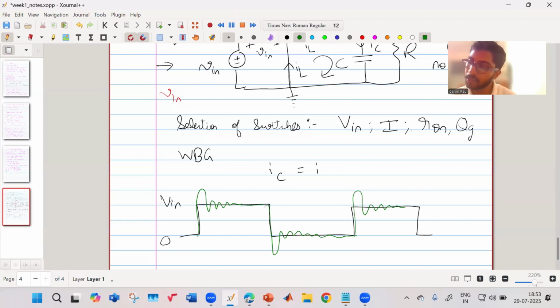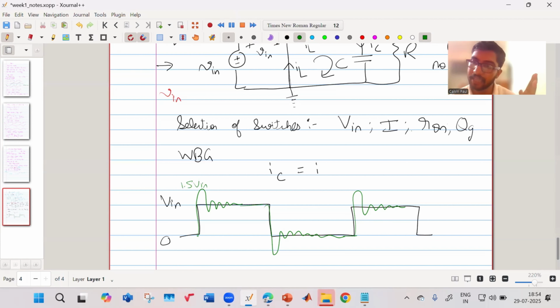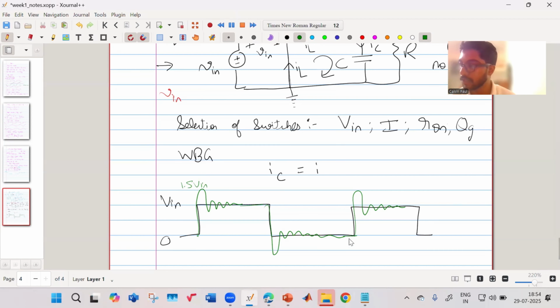If your oscilloscope bandwidth or probe bandwidth is low, it will not be seen, but it is actually there in the circuit. So if this is Vin, it might actually be 1.5 times Vin. When such things happen, the reliability of your switch will go down because it is withstanding a very high voltage it's not rated for. Because of all these considerations, we take a factor of safety. This is one of the reasons.